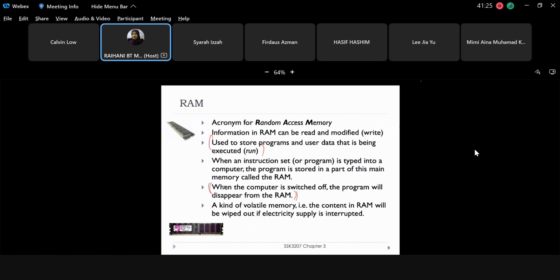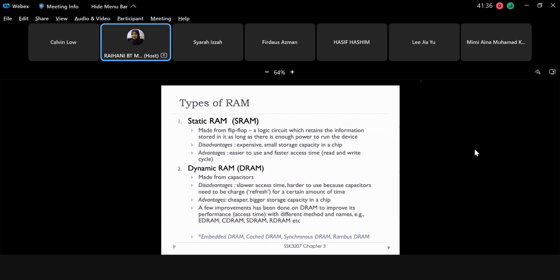A kind of volatile memory. Temporary. The content in RAM will be wiped out if the electricity supply is interrupted. All right, so types of RAM: we have SRAM, static RAM, and also DRAM, dynamic RAM.